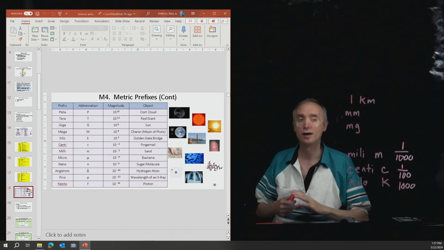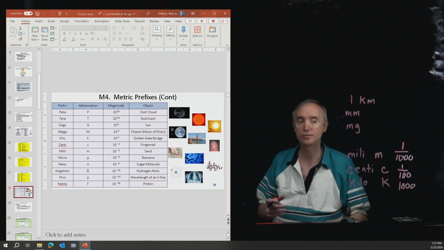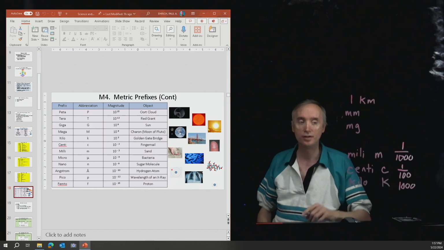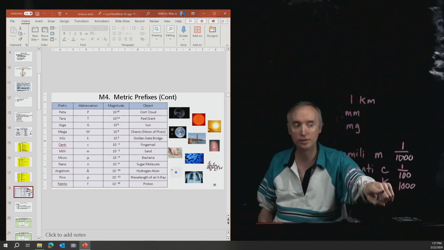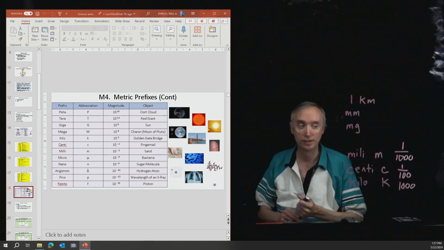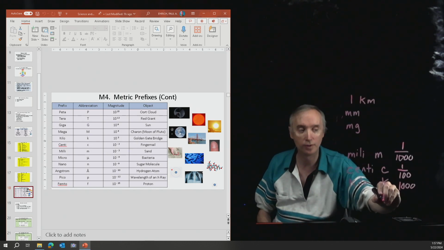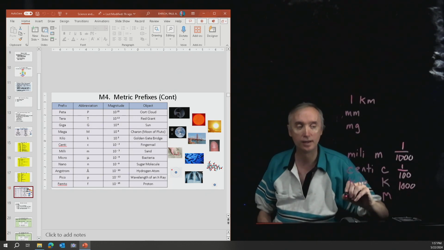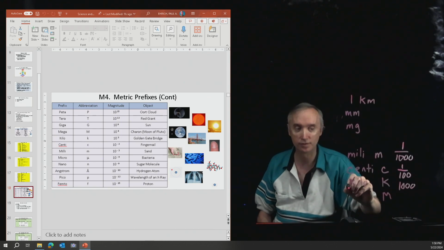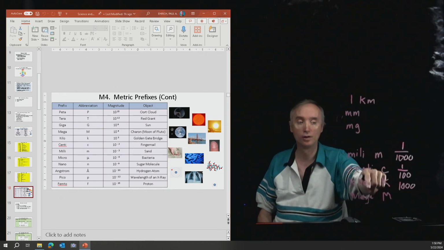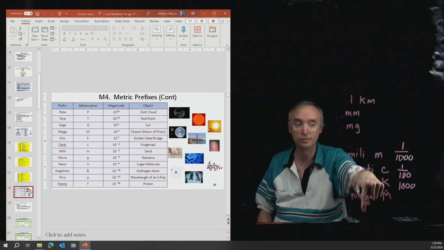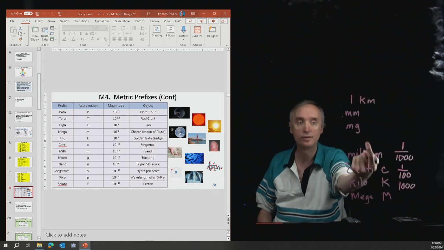Okay, but there are other metric prefixes. If you wanted to go bigger than kilo, then the next one that you come to is mega. That is going to be abbreviated by a capital M, and it's going to mean 1 million of something. Then you can go even larger than that in this direction, and then you can go even smaller than this.